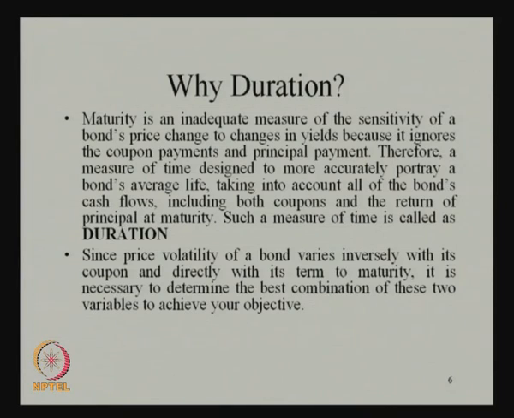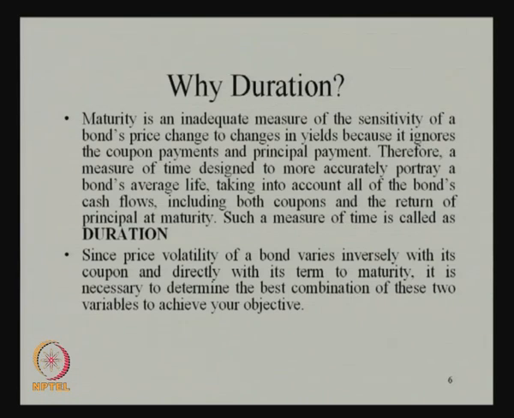Therefore, we need a measure of time designed to more accurately portray a bond's average life, taking into account all of the bond's cash flows, including both coupons and the return of principal at maturity. Such a measure is defined as the duration. So, as I already told, duration is the concept used by the investor to minimize the risk in the market.